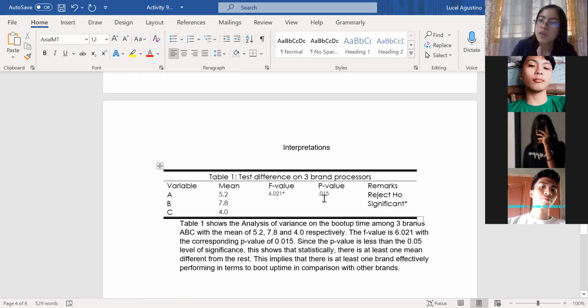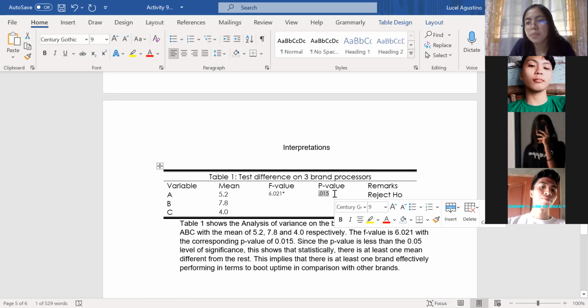Remember, we don't need to get the F tabular if it is not necessary, if we already have the p-value. The principle: if the p-value is less than your level of significance, that is your alpha, then we reject H0. Remember, they are opposite.